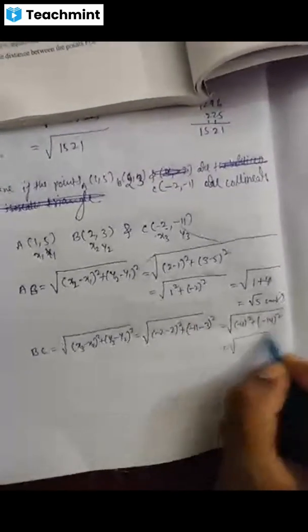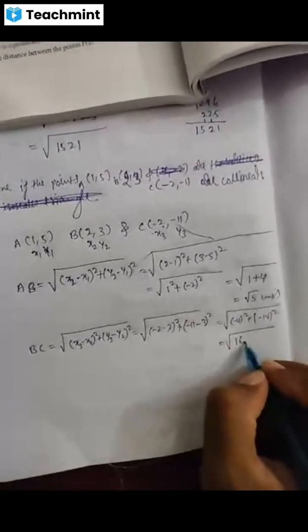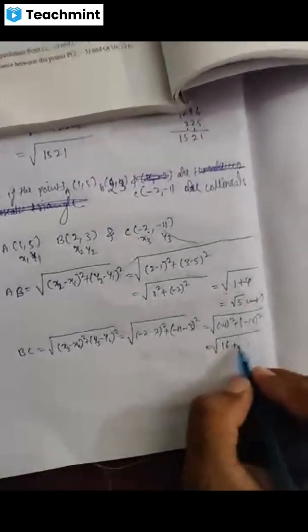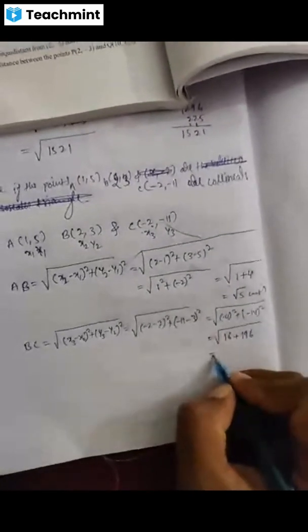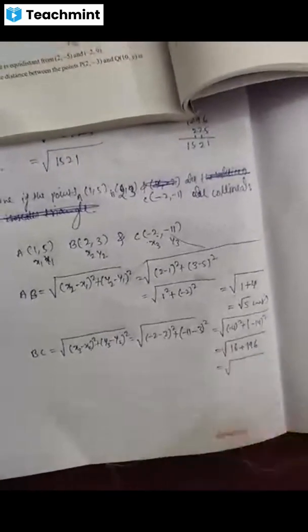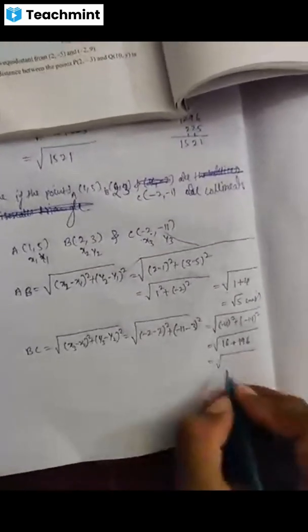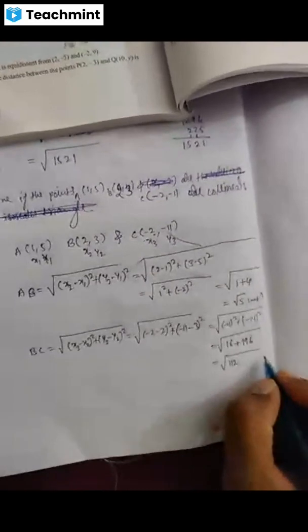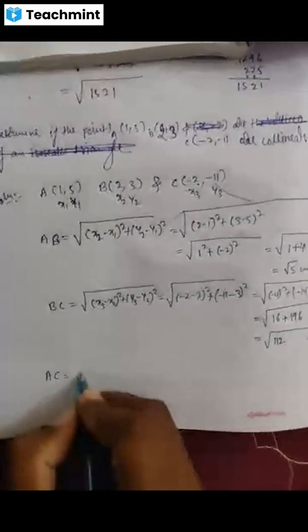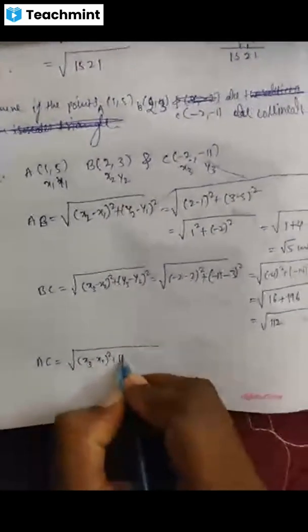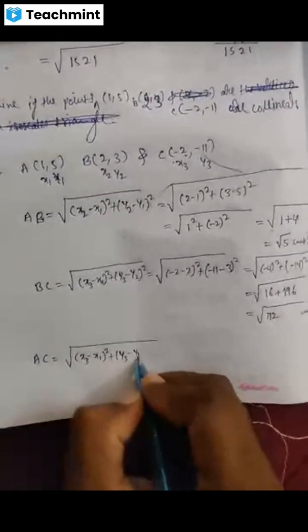That is 4 squared is 16 plus 14 squared, which is how much? 196. That is equal to the square root of 212 units.